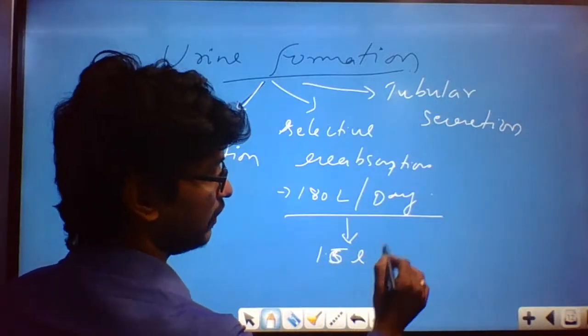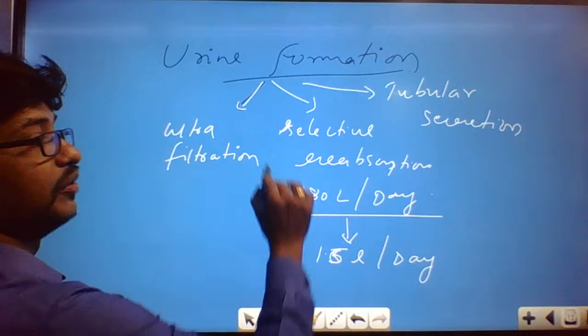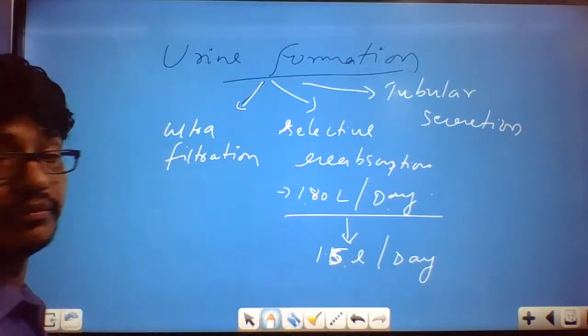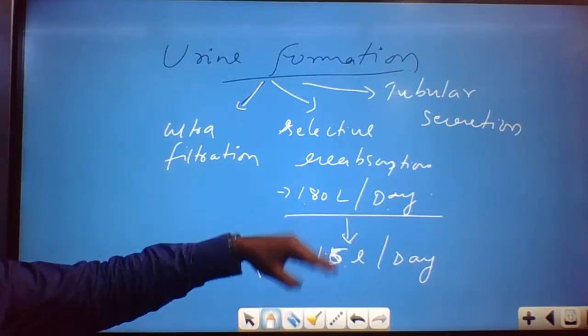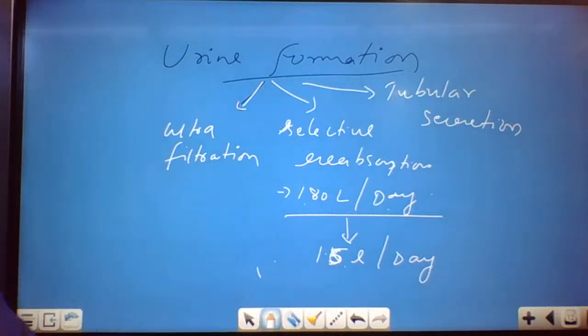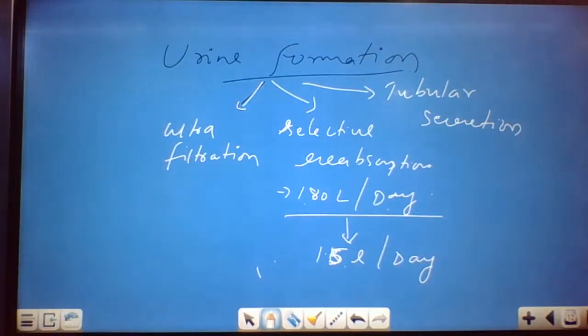How much urine can come out in a day? From the 180 liters per day, after this much is reabsorbed, only 1.5 liters per day comes out. So what is happening? The difference between 180 and 1.5 is all getting reabsorbed, right? This process is called selective reabsorption.